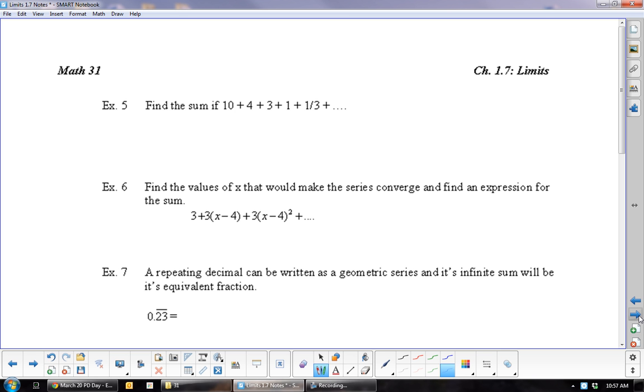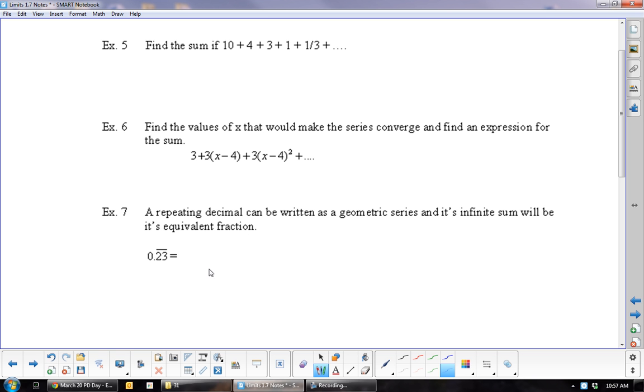No. Because if you look at it, 1 divided by 3 is not 2 over 5. It's one third. But then 4 divided by 10 is not 1/3. 3 divided by 4 is not 1/3.